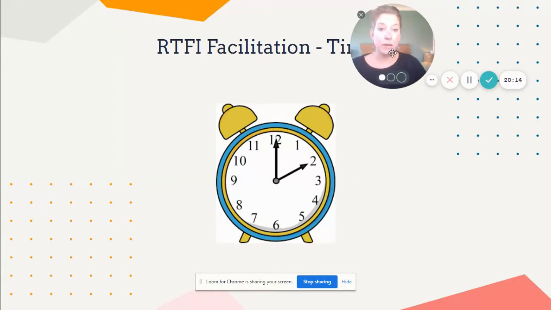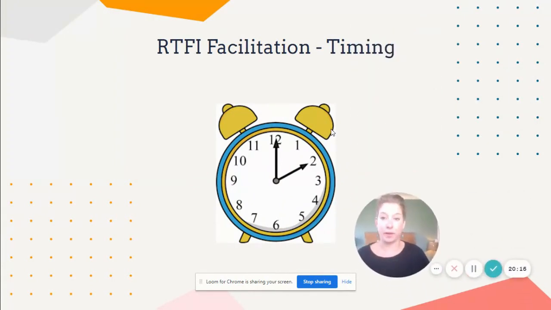And then of course, I'm sure you want to know what's the commitment for this. So when you first do this RTFI, you're going to start with tier 1. Tier 1 inventory is going to take about 2 hours-ish. There is time for that rich conversation, and the more conversation you have, the more data it's going to give you as you come back to the table to review where you were in time.